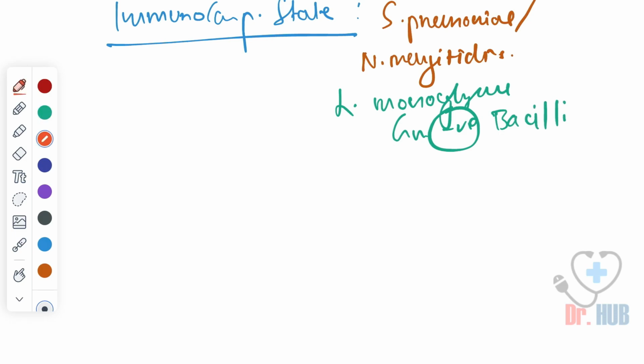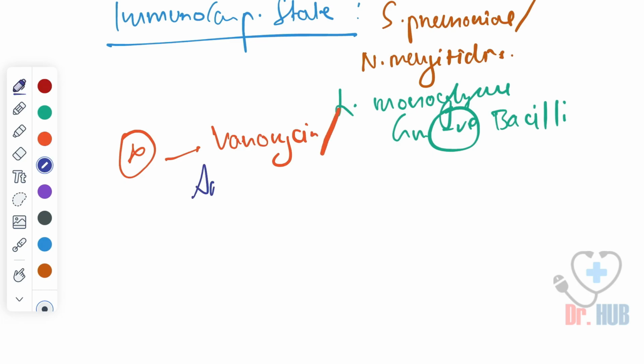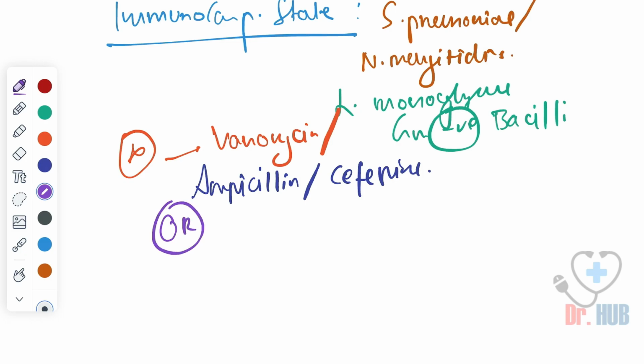So what is the empirical treatment? It is vancomycin, ampicillin and cefepime, or you can administer vancomycin along with meropenem.